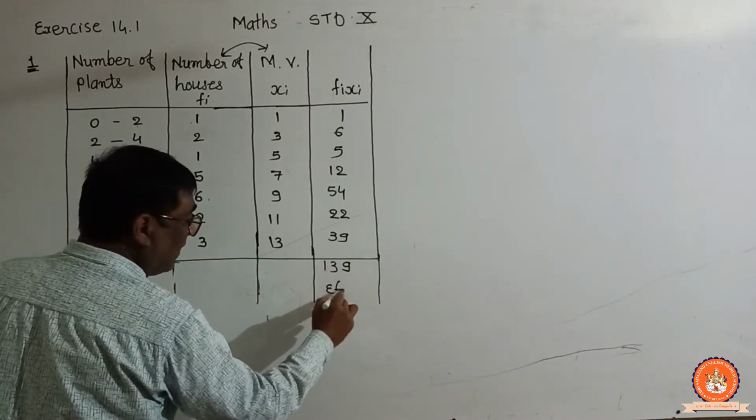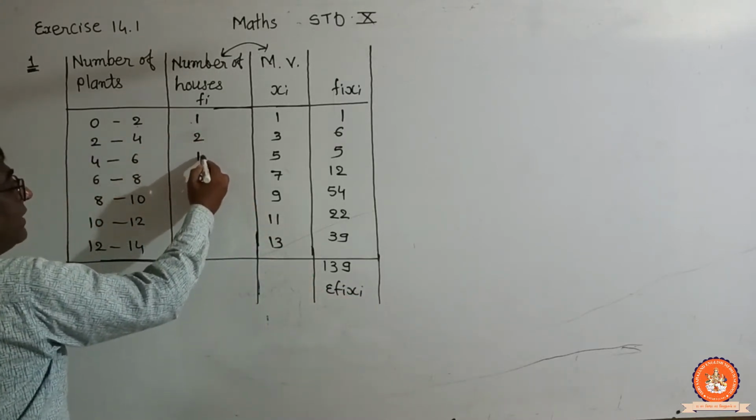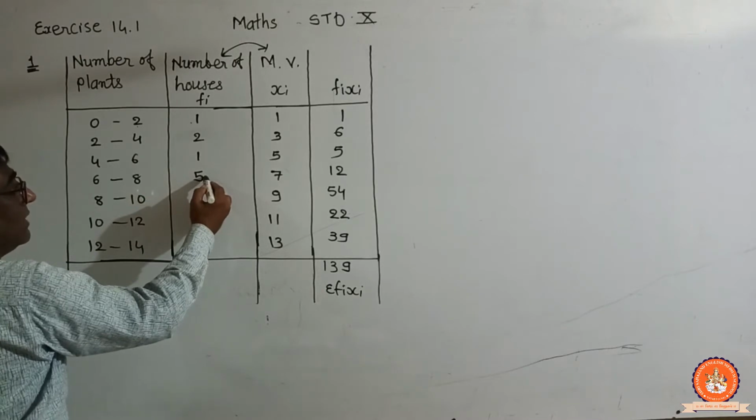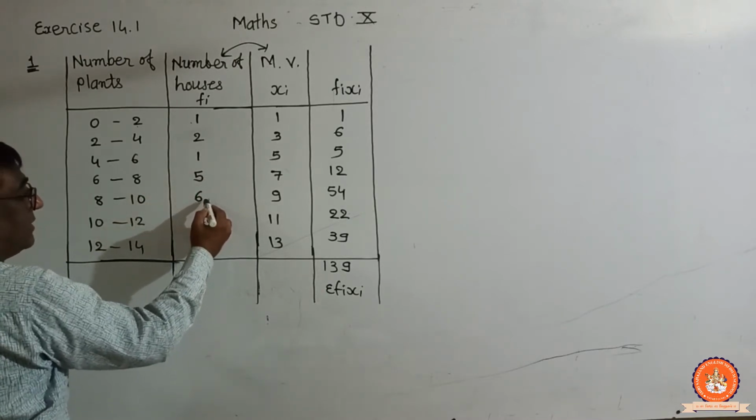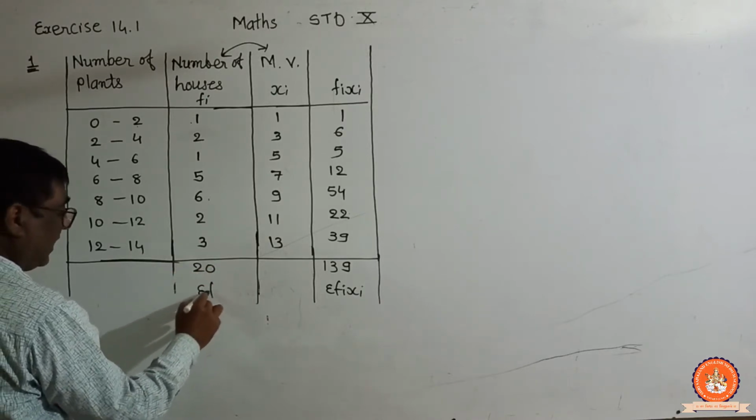This is sigma fi xi. Now we also require sigma fi. 1 plus 2 is 3, and 1, 4, and 5, 9, and 6, 15, and 2, 17, and 3, 20. That is sigma fi. Okay.